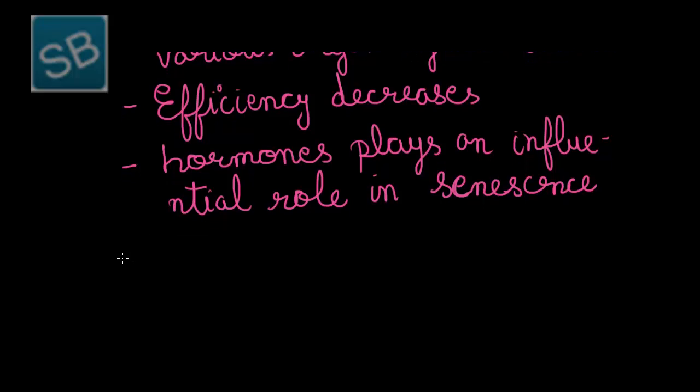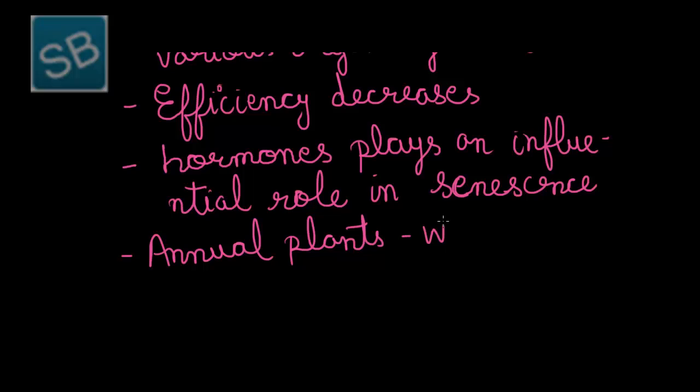For example, such a senescence period occurs in annual plants like wheat and other cereals.